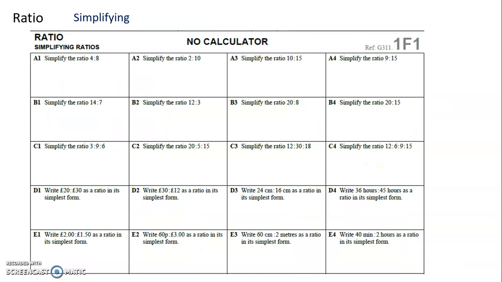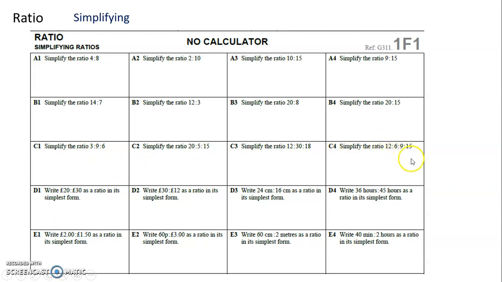Okay, so here is your task for today. What you're going to need to do is to pause the video so that you can then work through these in your book. I want you to show me working so that I can see how you've done this. You've got some 3-part ratios in part C here, and you've also got a 4-part ratio. So again, that's exactly the same idea.